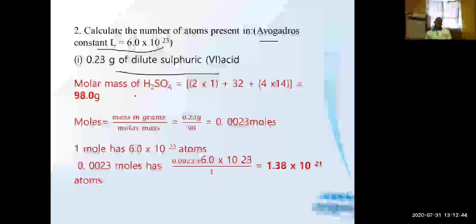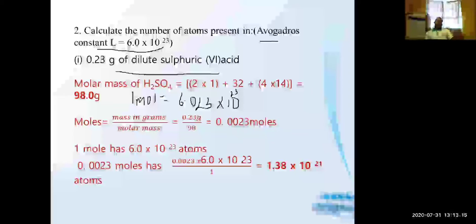We said earlier that one mole is equal to 6.023 times 10 raised to power 23 particles.